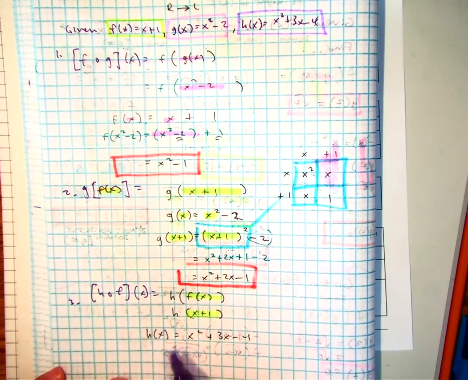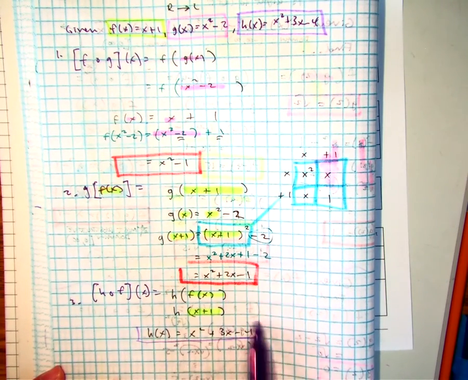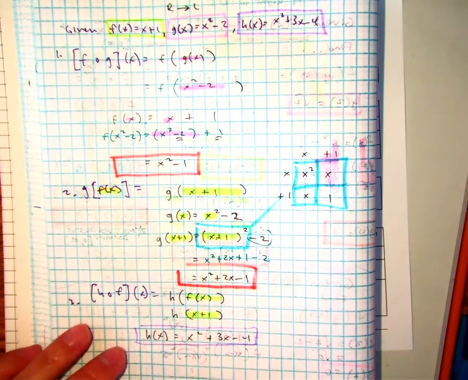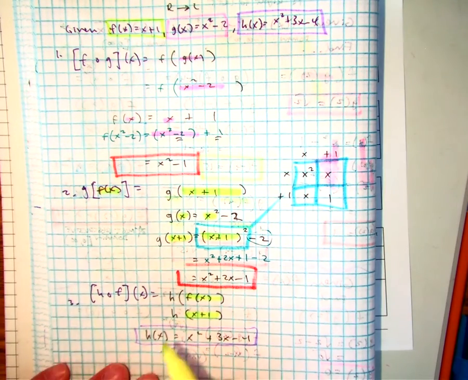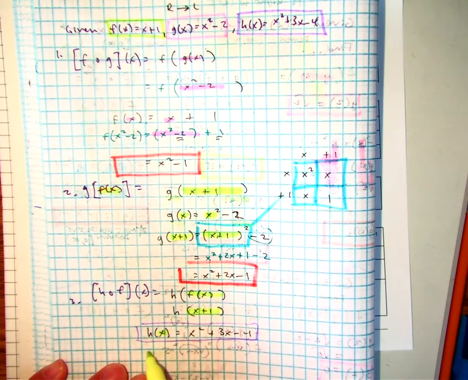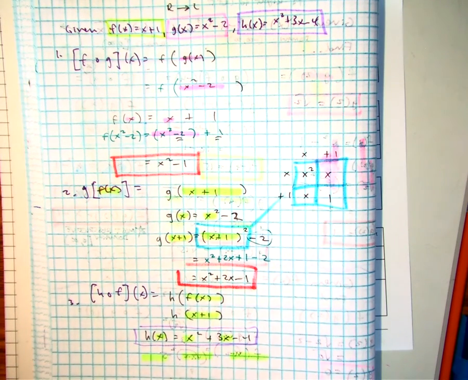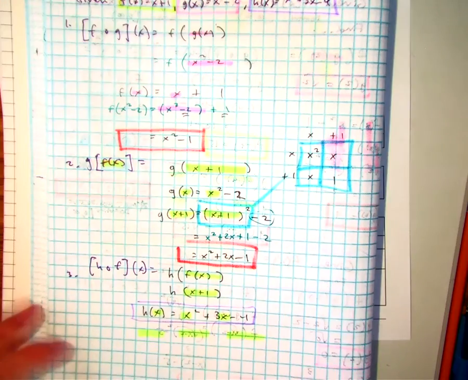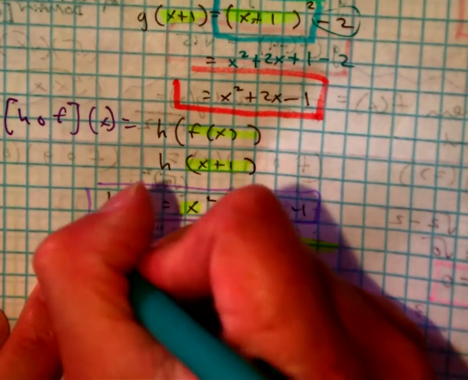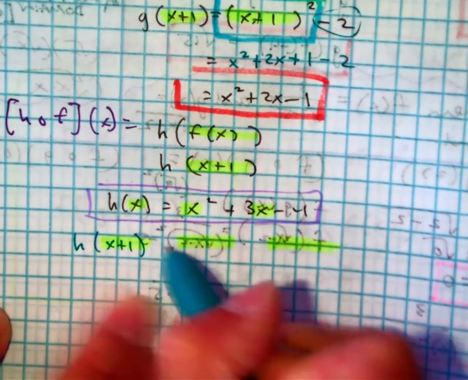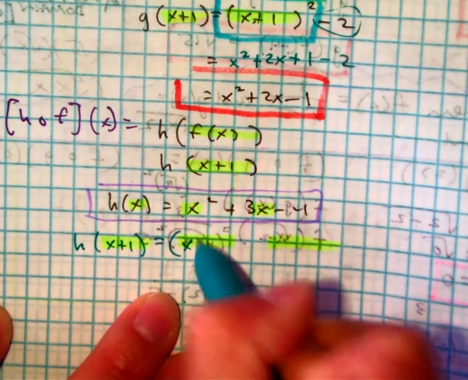Right? This is what I just got from up here, right? And every x value now we're going to put in what? Uh-oh, we've got a lot of work to do, don't we? This one has a lot of algebraic work. So every x value I'm putting in x plus 1.